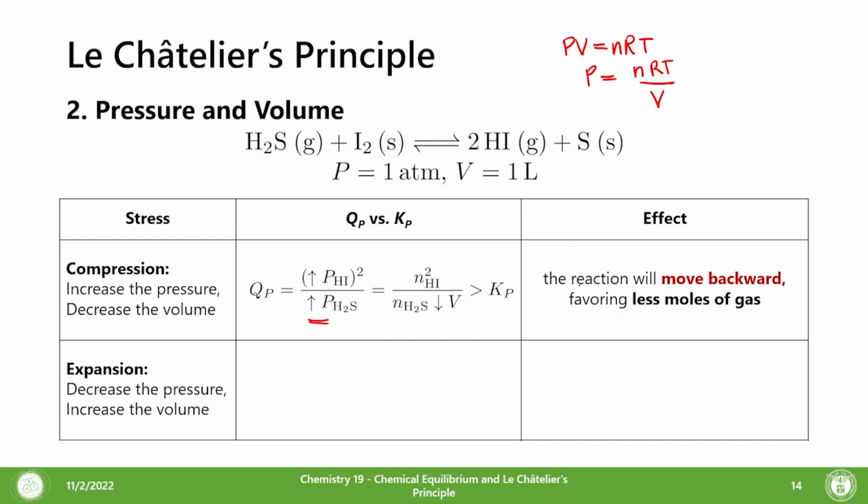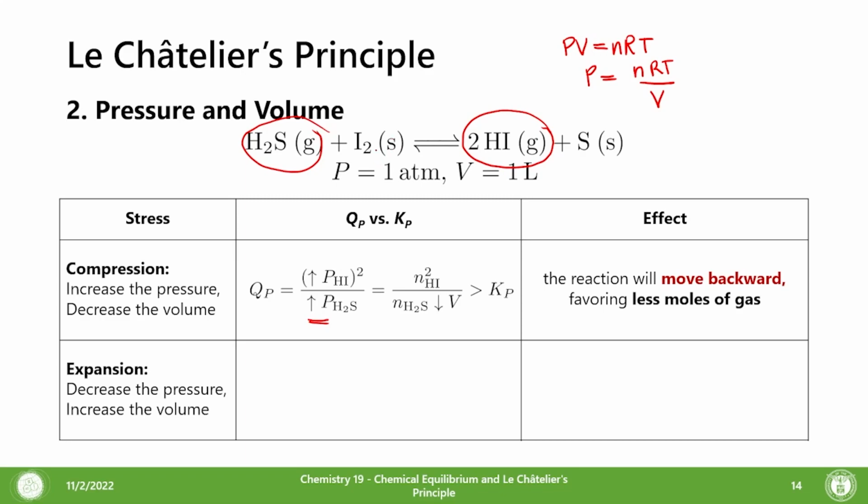So when we increase the pressure, when we compress a gas that has an equilibrium, okay, the reaction will actually move backward in this case because it favors fewer moles of gas. So, compare naman here, we have 2 moles of hydrogen iodide and 1 mole of hydrogen sulfide on the reactant side.